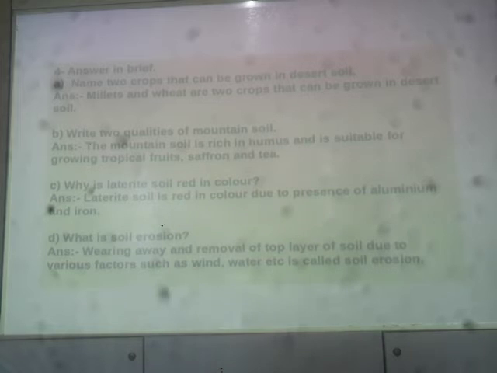That's why everyone is working for the preservation and conservation of the top layer of soil. It is the top layer which needs to be prevented from getting eroded. Okay, understood?